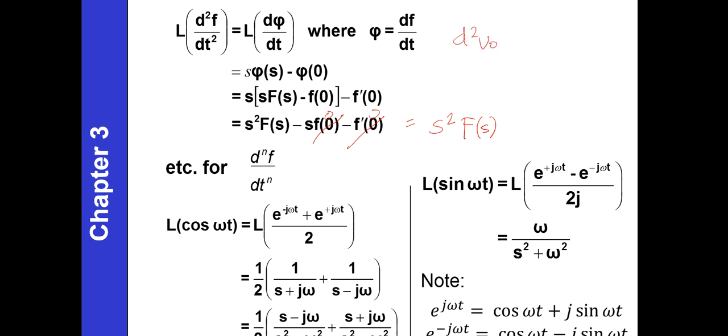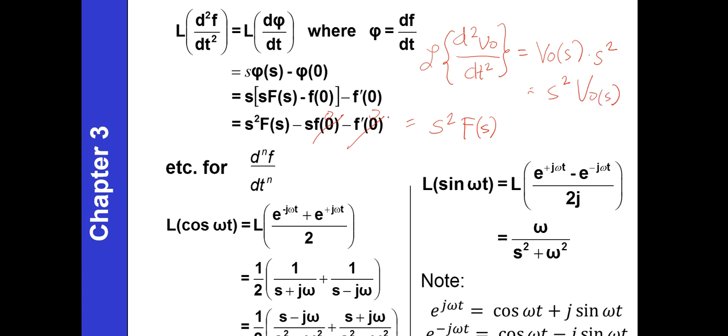So in our notes, let's say this is d squared Vo over dt squared. If we get the Laplace transform of this one, in our answer we have Vo(s) times s squared, that is equal to s squared Vo(s).